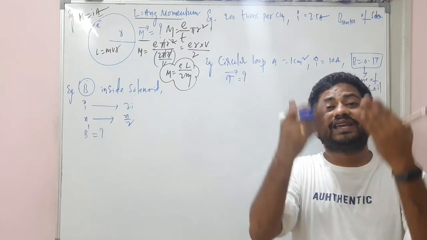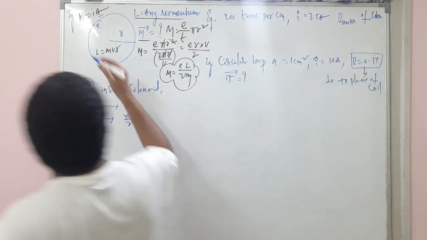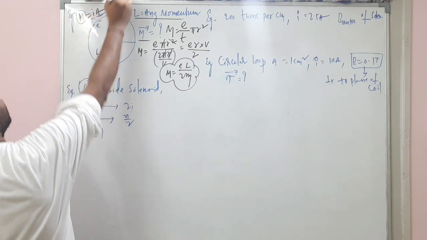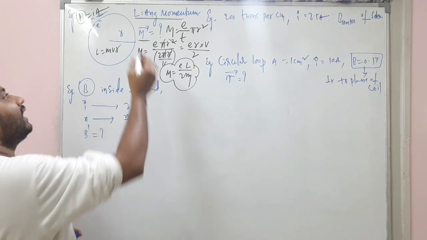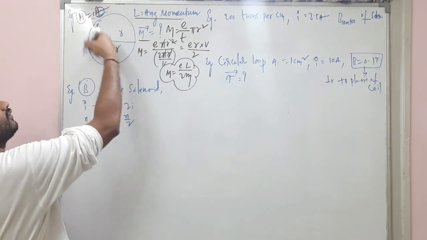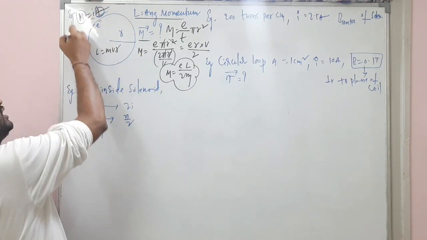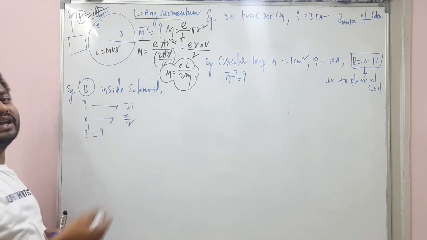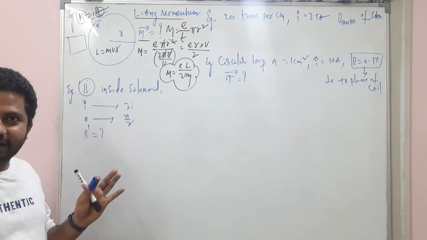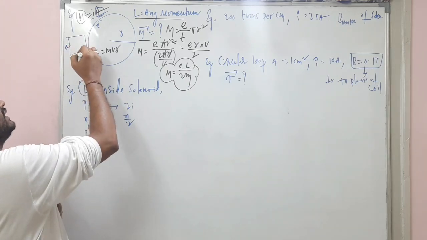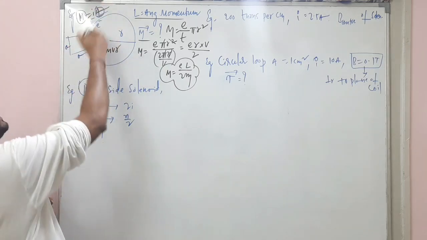But it is so easy to solve because the magnetic moment is equal to I into A, direct. Area of the loop: here the area of the loop is pi r square. If they give a square, with side length a, the area is a square.